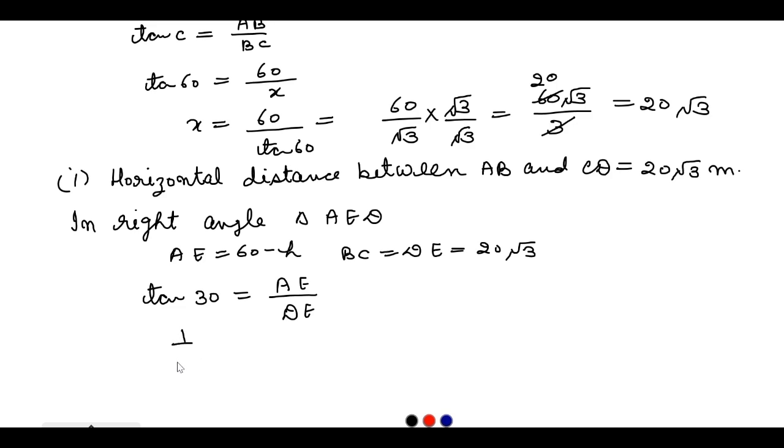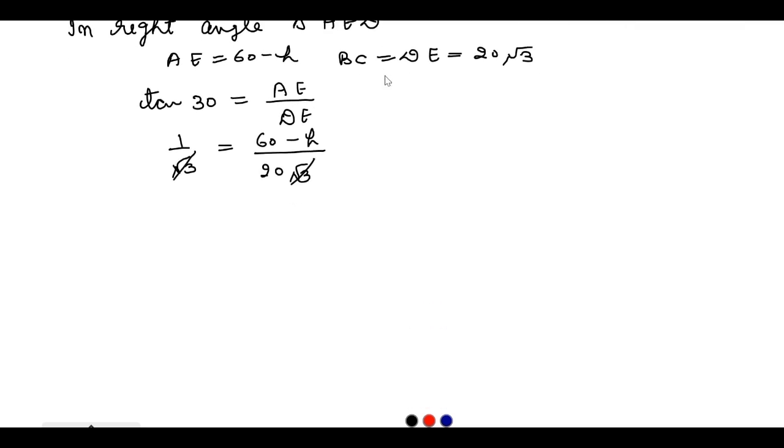Tan 30 is 1 upon under root 3, AE is 60 minus H and DE is 20 under root 3. Cross multiply, 60 minus H is equal to 20, then H is equal to 40 meter. Means height of the lamp post is 40 meter.